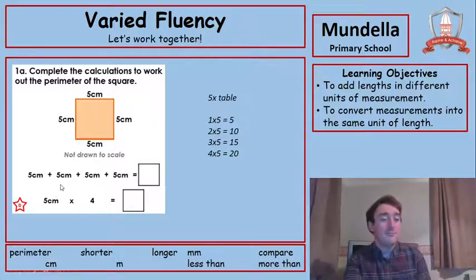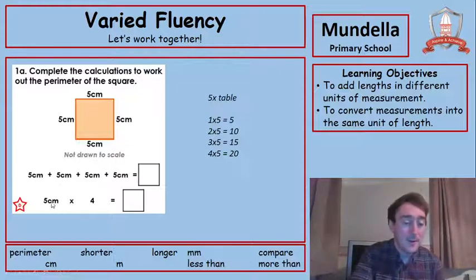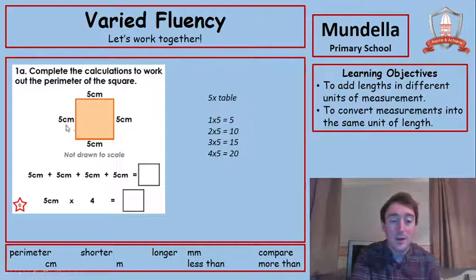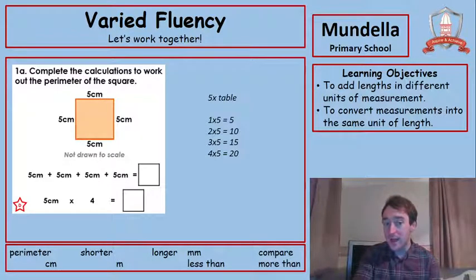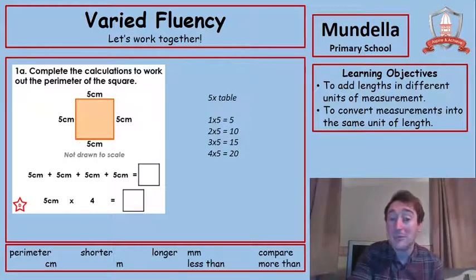But look, you can also do it this way. We've got 4 lots of 5 centimetres here, haven't we? 4 lots of 5. So what we could do to find the same answer, if it's a square and the sides are all equal, it's a regular shape, we can use multiplication.